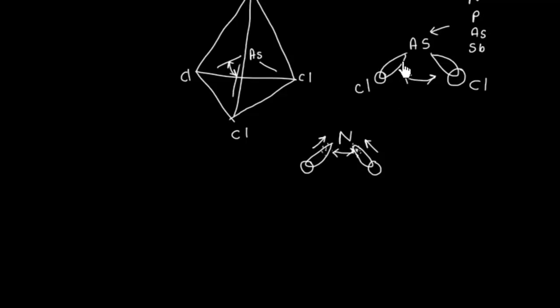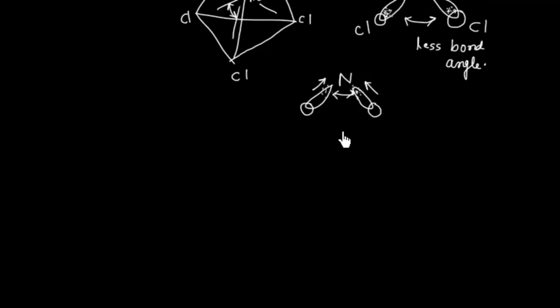But in this case, the electron cloud is mainly away from the central atom, so repulsion will be less, so the bond angle is smaller. In this case I will have less bond angle, and in the nitrogen case we will have the highest bond angle, so more bond angle.